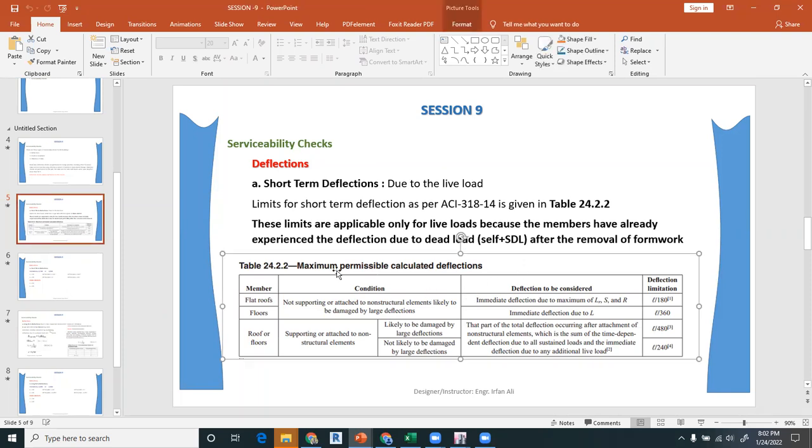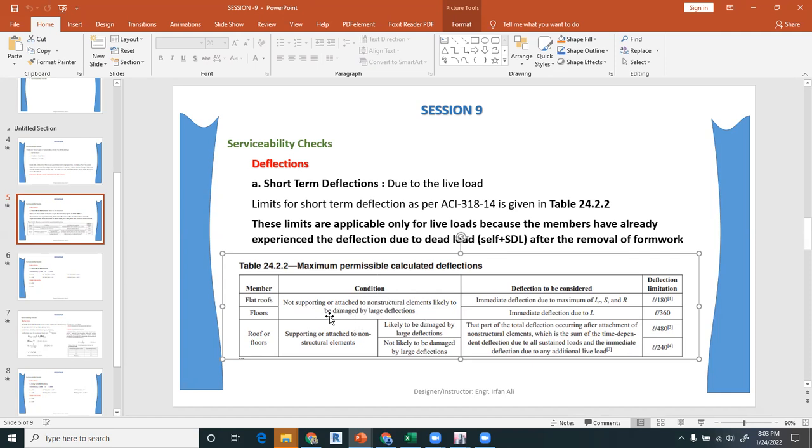So these limits have been defined by the ACI in table 24.2.2, and these are the maximum permissible calculated deflections, right? And these are done only for the purpose of non-structural elements not to be damaged during their design life, right?